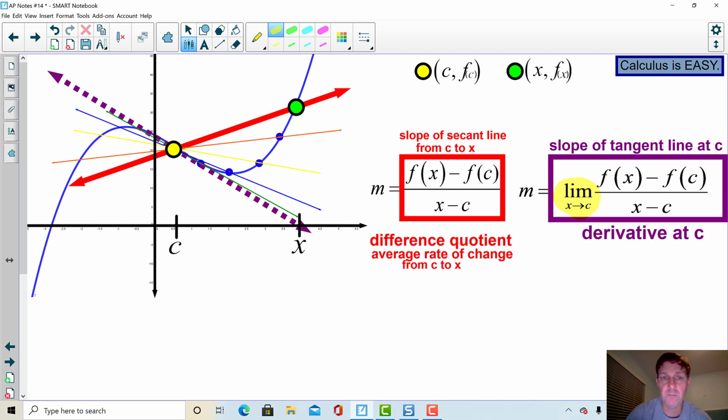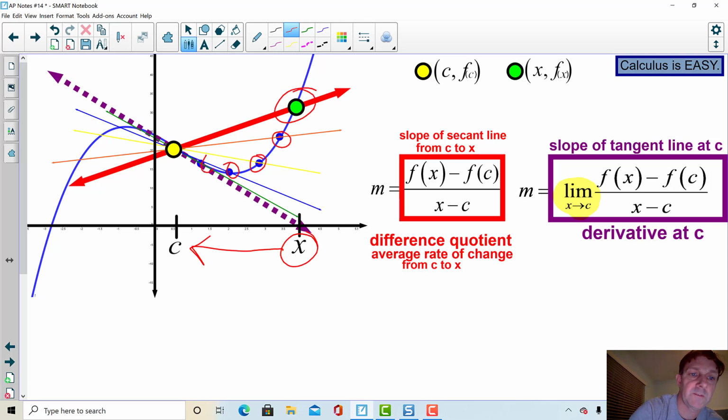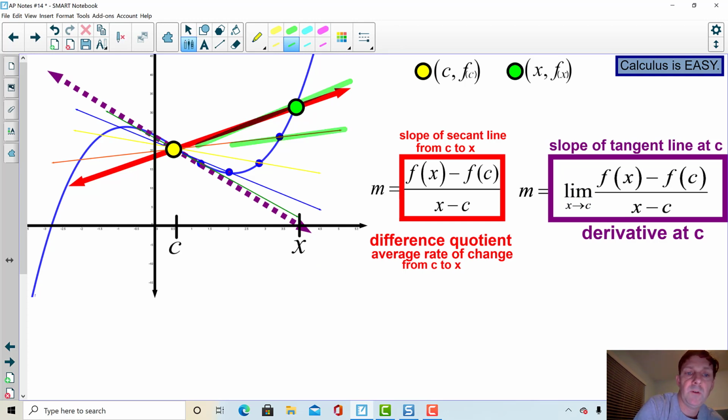Again, this is just a review. But as x gets closer and closer to c, this point gets closer and closer and closer to that first point. And that means the slope of this secant line gets closer and closer and closer to the slope of that tangent line. So instead of doing the limit as h goes to 0, we're doing the limit as x goes to c.